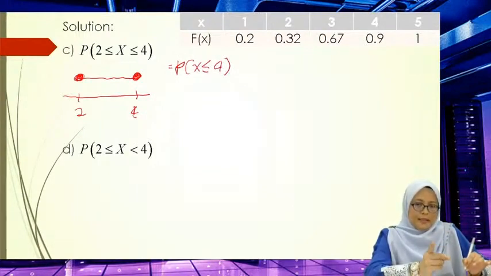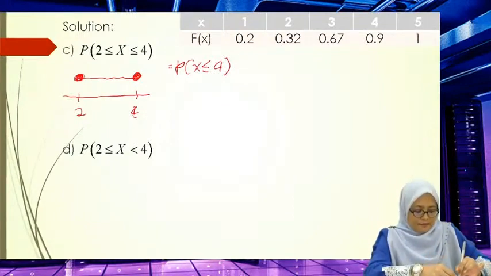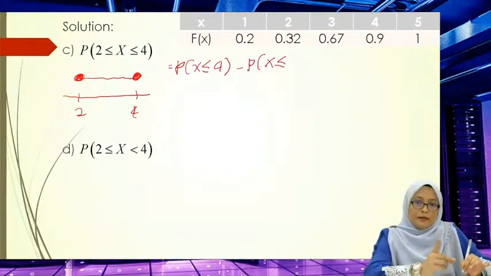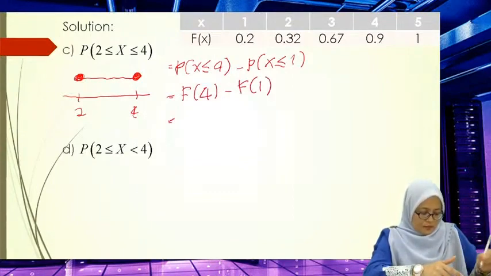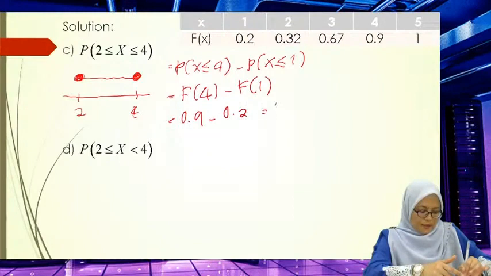Tolak nilai sebelah kiri yang tidak termasuk dalam kita punya number line, X less than or equal 1. Sebab tu masih bulat hitam, so maksudnya masih termasuk dalam kita punya number line. So kita akan buang nilai 1 lah. So means that F4 tolak F1. So F4 is 0.9 minus F1 is 0.2. So yang akan dapat 0.7.